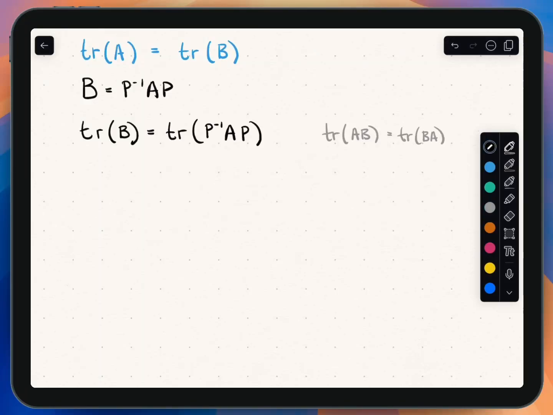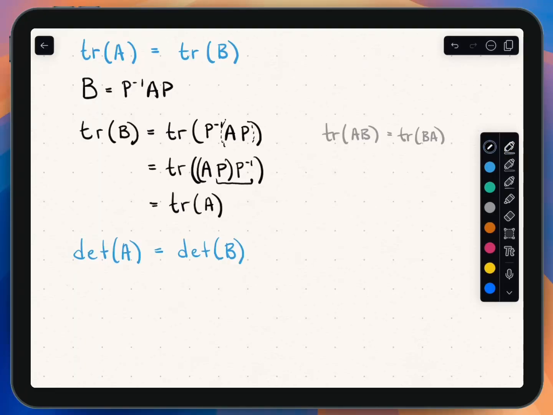So in this case, I can just reorder and say, if I do a little parentheses here, that P inverse must be the same. And then we can group these two P's, they just become the identity, and then we get the trace of A. So indeed, the trace of B is equal to the trace of A.